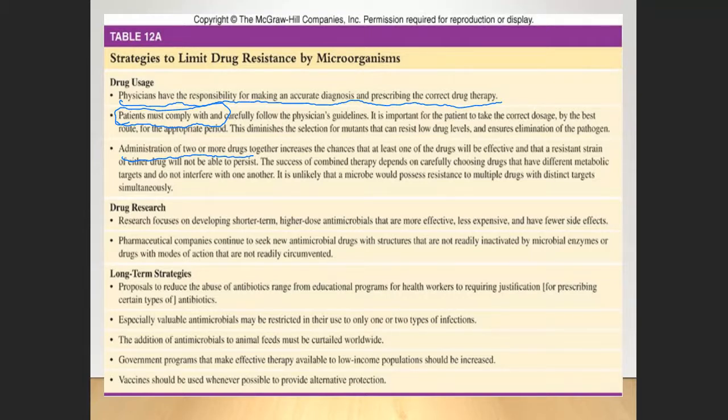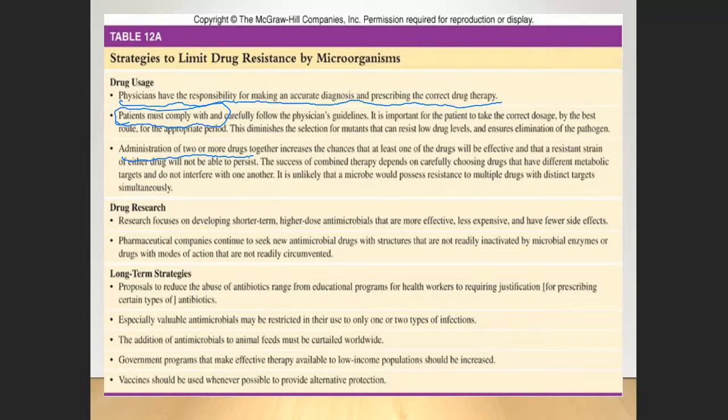Because if we use the broad spectrum, it might kill other bacteria that may be beneficial to us. So again, it's really important in drug administration to give the correct drug. The best drug will be the narrow spectrum if the infection is only one type of infection. If it is a mixed infection, then it can be given the broad spectrum drug.